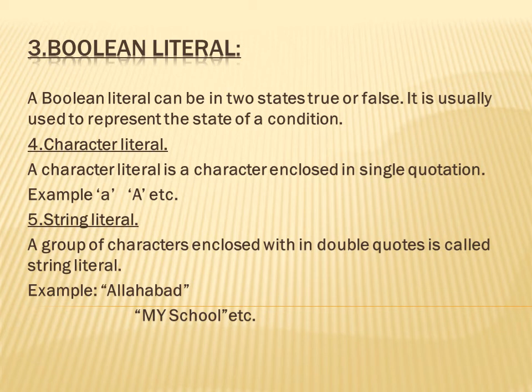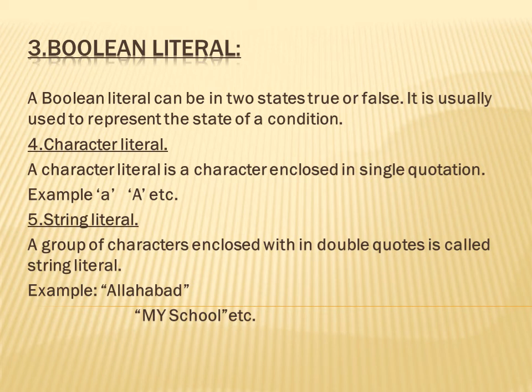The fifth one is string literal. What is called string? String means a group of characters or group of numbers that is enclosed within double quote. So this is the main difference between character and a string. Character means a single character that is enclosed inside a single quote.